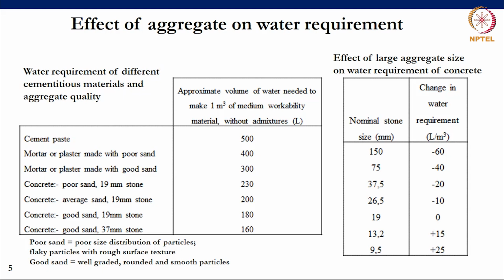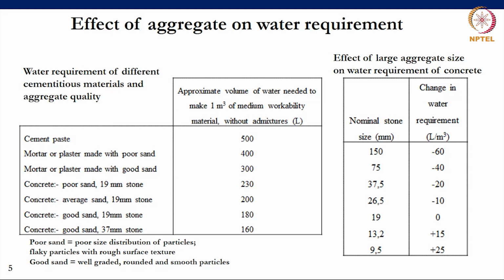Larger aggregates have smaller surface area, and in general, you can reduce the water requirement to produce a given workability quite significantly by using a larger aggregate. Of course, if you use a smaller coarse aggregate, you end up having to add water to maintain your workability.